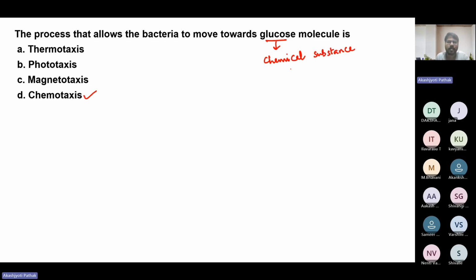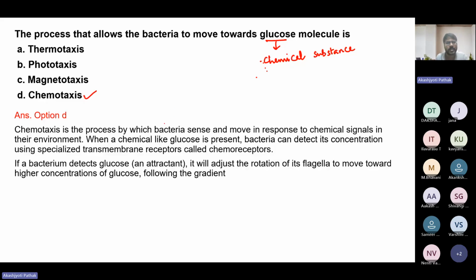This chemical substance causes the bacteria to move from a location of less concentration of a particular chemical to a location of more concentration. That is called chemotaxis. So when the locomotion takes place on the basis of the concentration of a particular chemical substance, that is called chemotaxis.